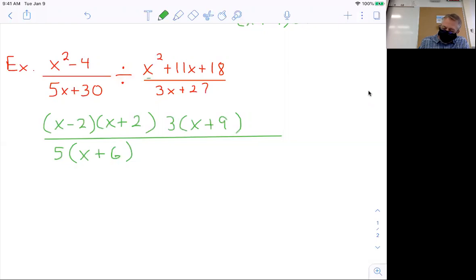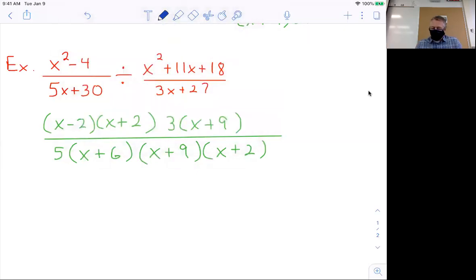And then likewise, this right top, I'm going to factor and put on the bottom. So that factors into x plus 9, x plus 2, which is now on the bottom. So that was a big step. We did two things. We factored everything and flipped over the right-hand side.